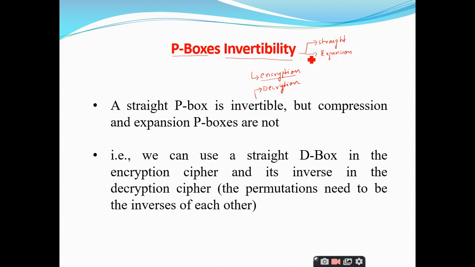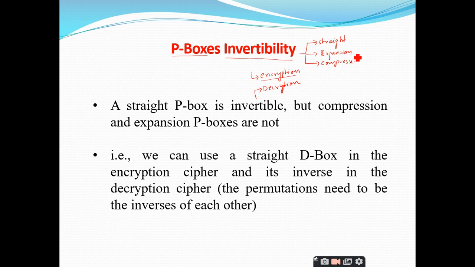Three, sir. Straight P box, expansion P box, and compression P box, right? So can anybody tell me, out of these three categories of P boxes, which one can be invertible? Very simple thing, right?